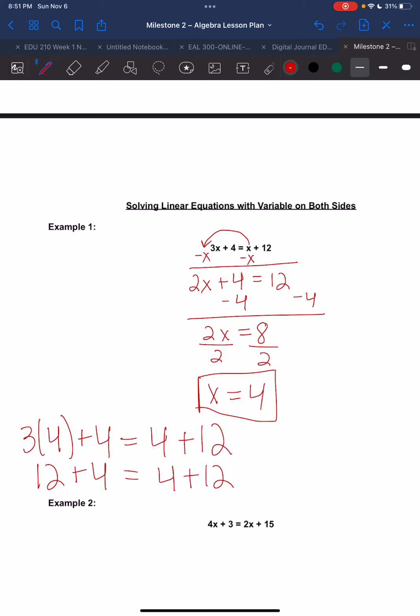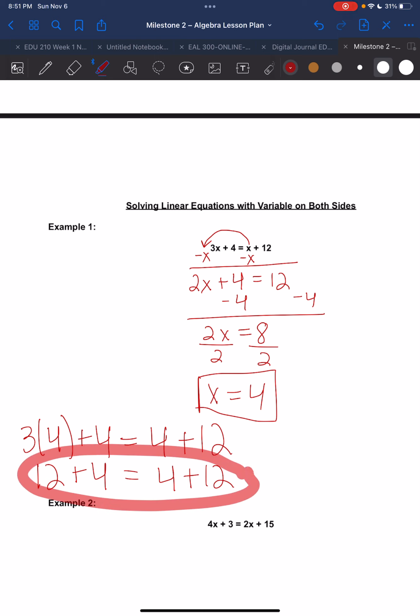Here we can see that these two are the same. Therefore, we know that our answer is correct.